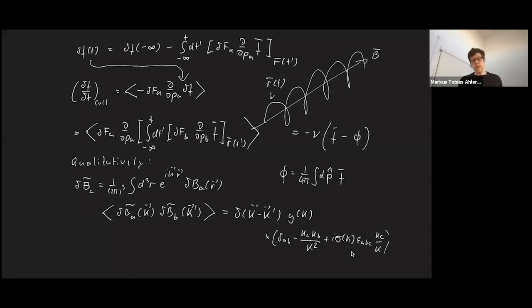This is the most general expression for the 2-point correlation function in Fourier space for isotropic magnetic turbulence, so there's no additional orientation introduced. The additional tensor at the end takes care that the divergence of the magnetic field is equal to 0. We are introducing two functions, g(k) and sigma(k), which are two real valued functions.